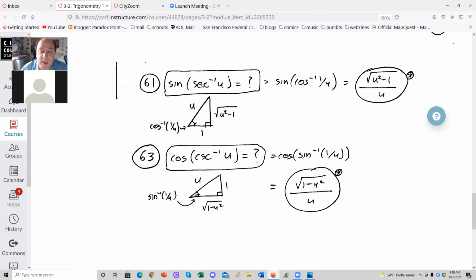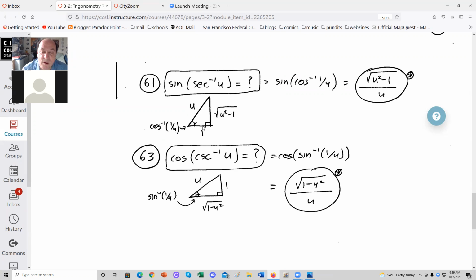Now here we're dealing with arc secant and arc cosecant, so it's not quite that trivial. But we still can use the triangles. So sine of arc secant u, what's that? So here we have an angle of arc secant of u, which is also arc cosine of 1 over u. Arc secant is one where diagonal over adjacent equals u.